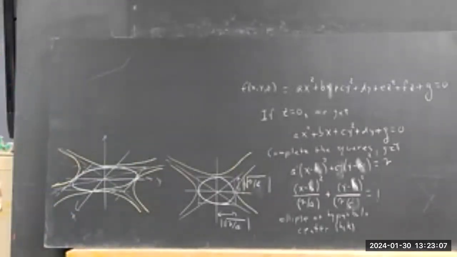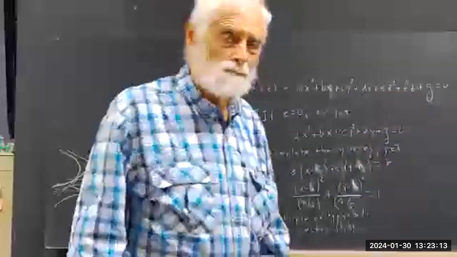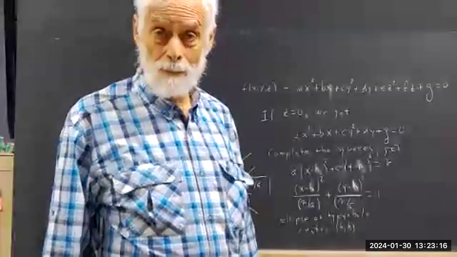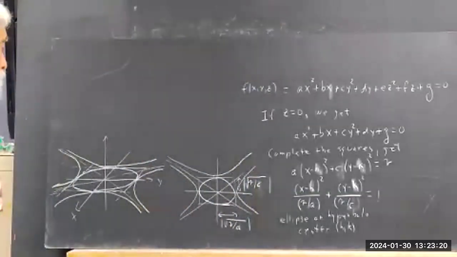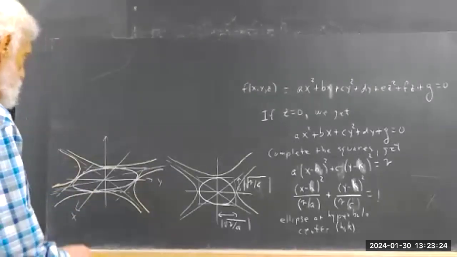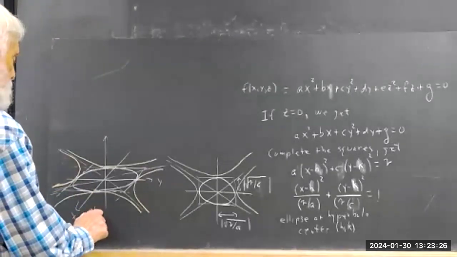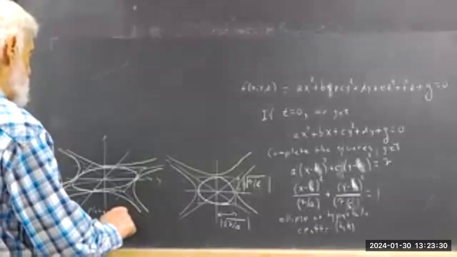Okay, now let's let Z equal 1. The plane Z equals 1. Where's the plane Z equals 1? Well, this is the plane Z equals 0.